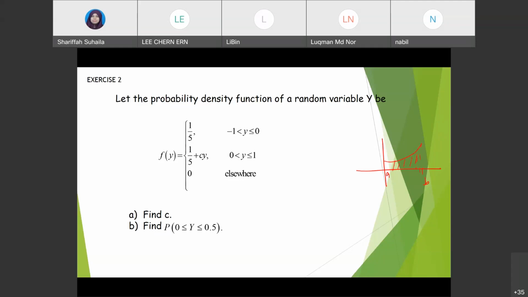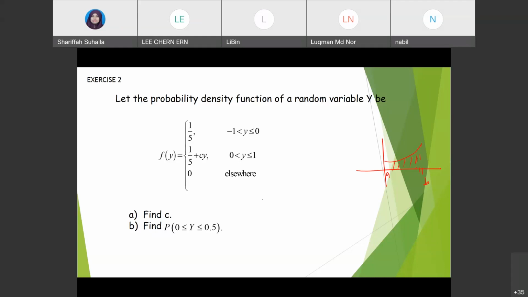Again, the total area should give you 1. Here we have 2 ranges. So you want to find C, just follow again. So the integral of f(y) dy should give you equal to 1.